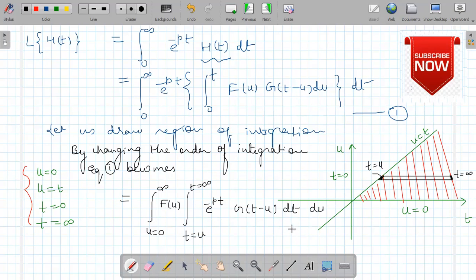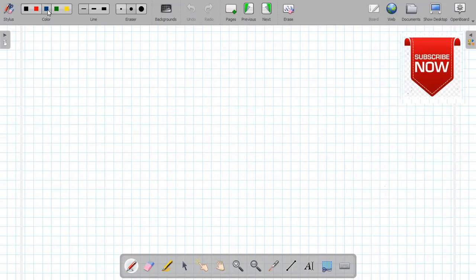Now what we do here is, let me write it on the next page. Now equation 1 is equivalent to u from 0 to infinity, f(u). I just multiply by e raised to the power pu and e raised to the power minus pu.